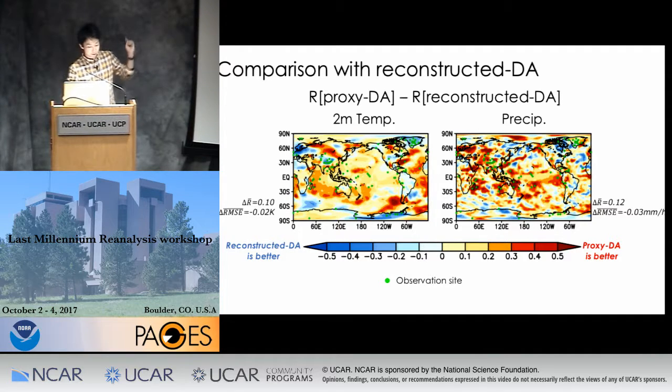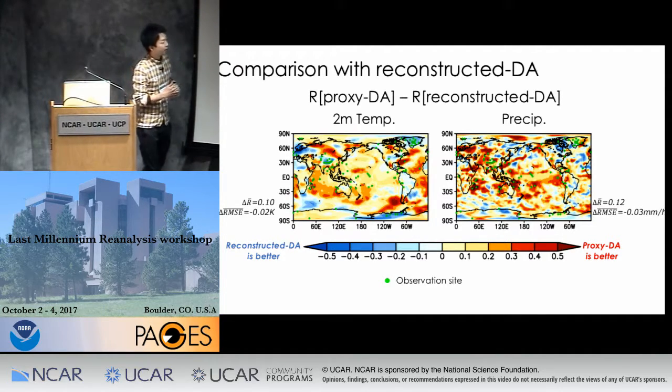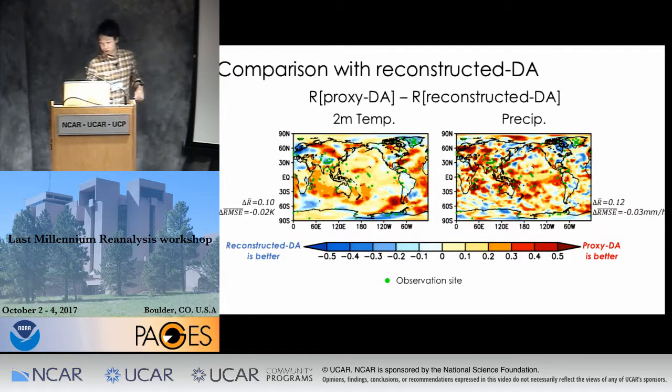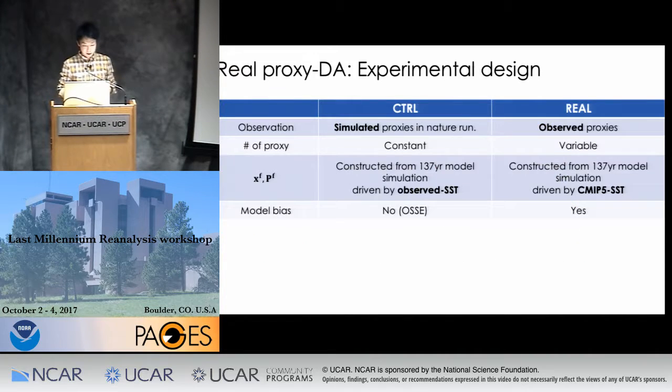And if you averaged all globally, the delta R is 0.1 for temperature, and delta R is 0.12 for precipitation, which means that isotopic proxy data is comparable with reconstructed temperature data assimilation case. So, encouraged by this result, I assimilated real proxy data.